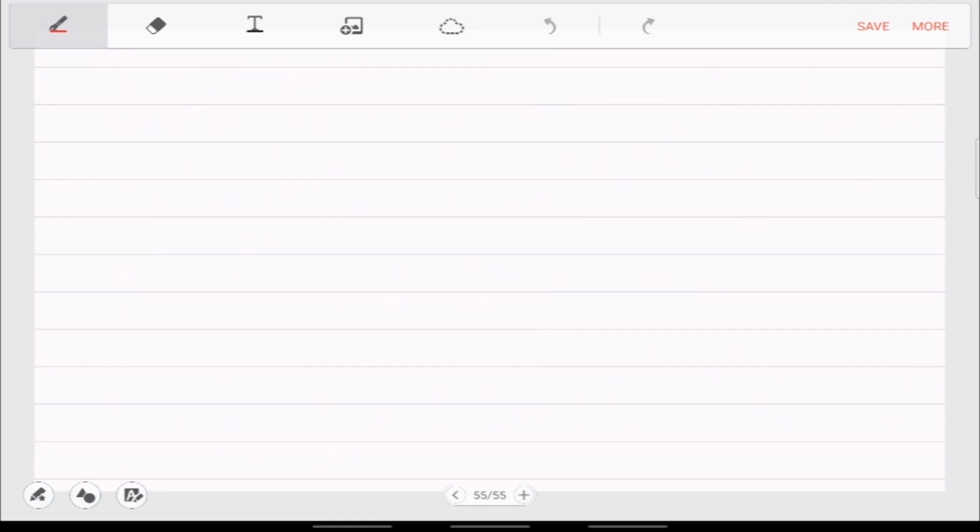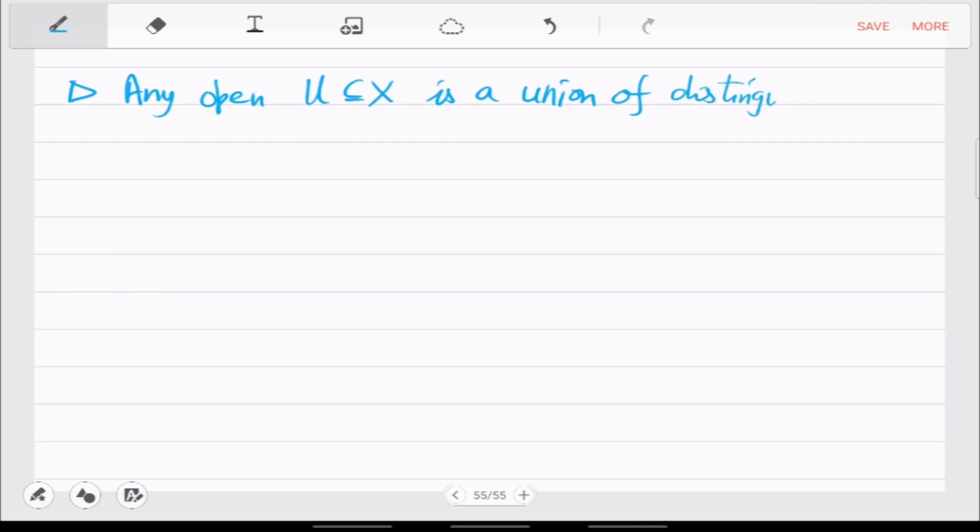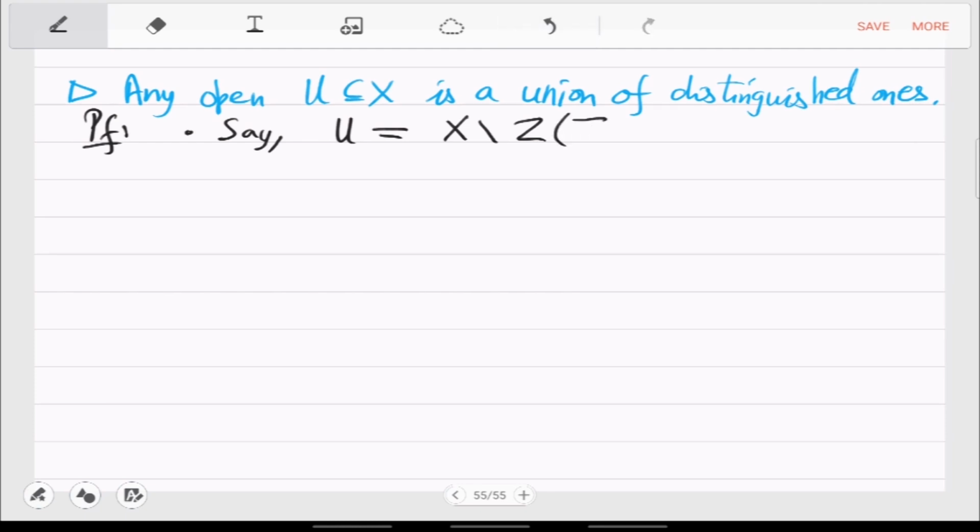So why is that? Any open U is a union of distinguished ones. So what is the proof of that? So U is open, which means that it's complement of some zero set, right.